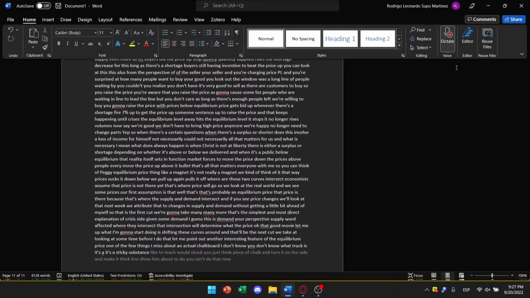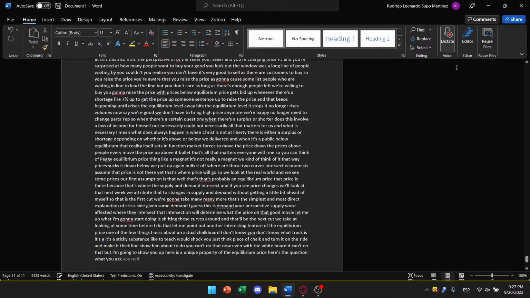But what I'm going to show you up here is a unique property of the equilibrium price. Here's the question I want you to ask yourselves. Now, let's ask all the different prices from down here to up here. We imagine all the different prices. And if we ask at each price, what is the quantity that consumers actually get?